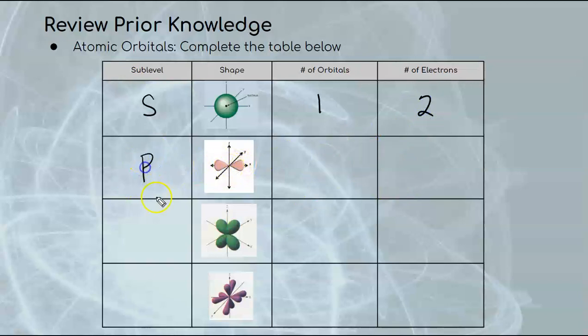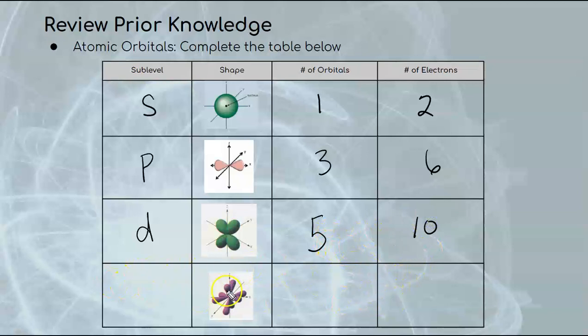That's going to be the P sublevel. It will have 3 orbitals and can fit a total of 6 electrons. The third row, the shape kind of looks like a clover. That's going to be our D orbital, and there are 5. It's the D sublevel, and there are 5 orbitals on there with 10 electrons in total.